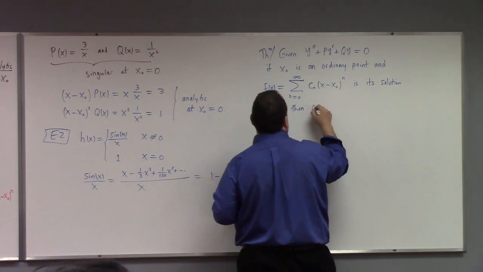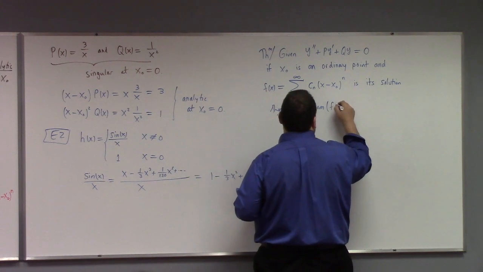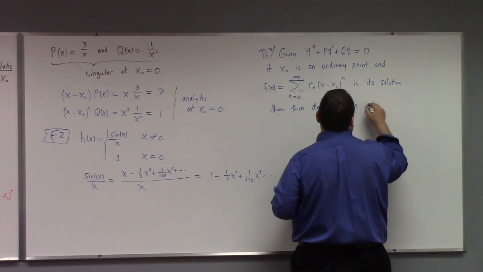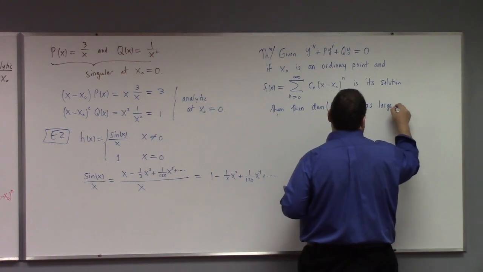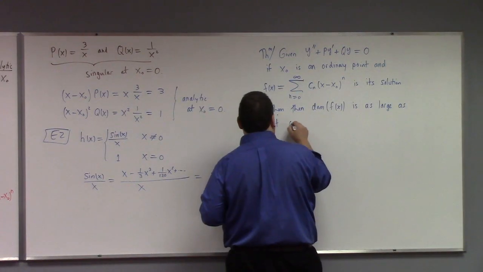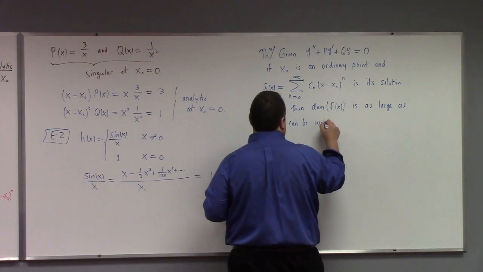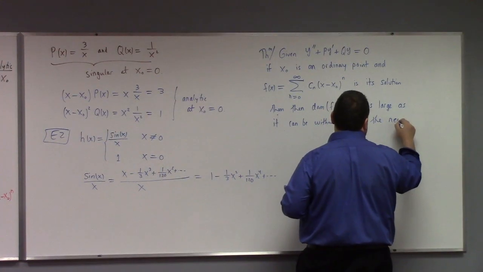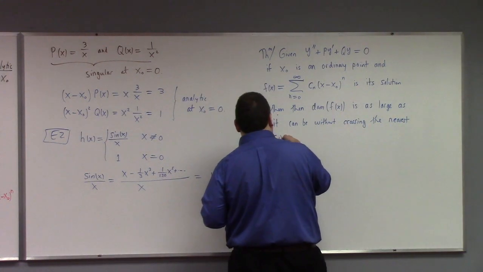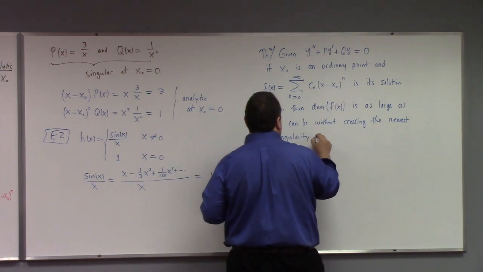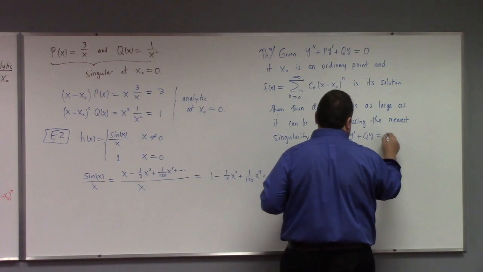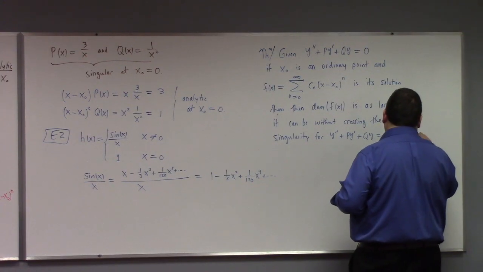Then the domain of f of x is as large as it can be without crossing the nearest singularity for y prime prime plus py prime plus qy equals 0, taken in the complex sense.